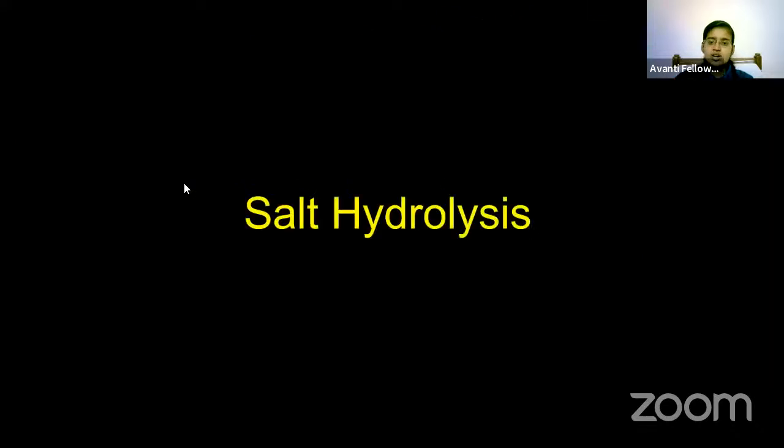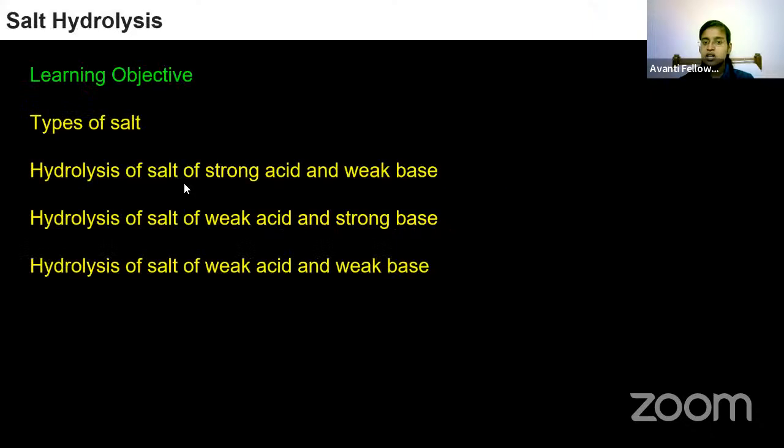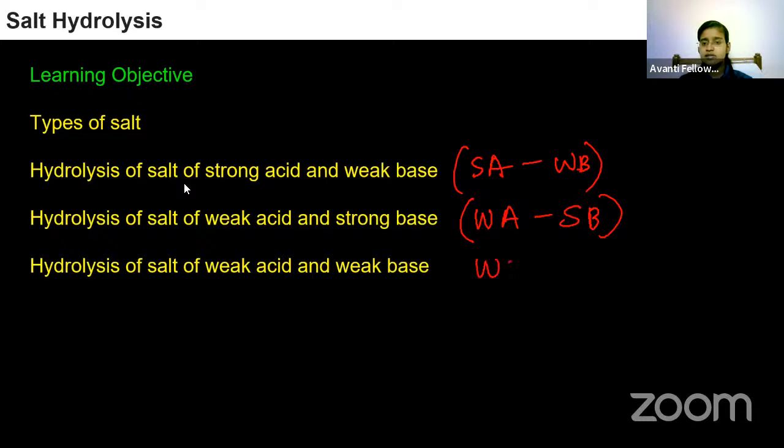Now the next concept is salt hydrolysis. Under this, we are going to learn the types of salt and hydrolysis of three combinations of salt. One is strong acid and weak base. Second is weak acid and strong base. Third is weak acid and weak base.